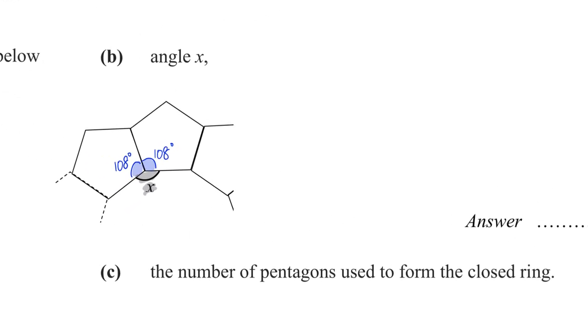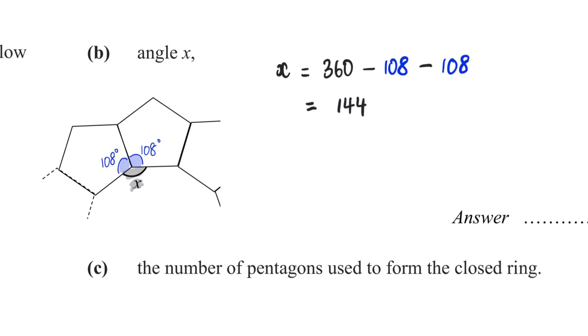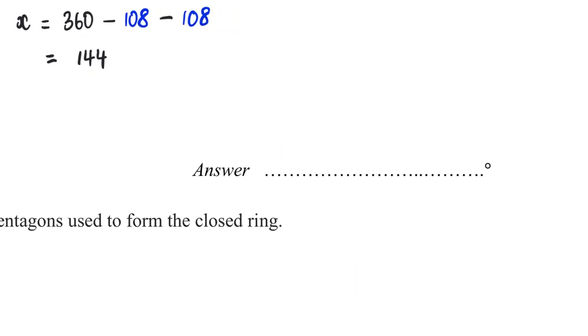So X is simply equal to 360 minus 108, 2 times. This will give me a value of 144. So X is 144 degrees.